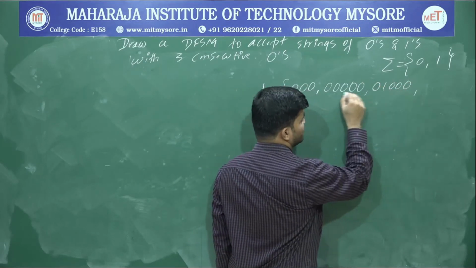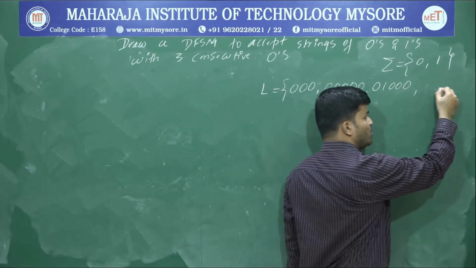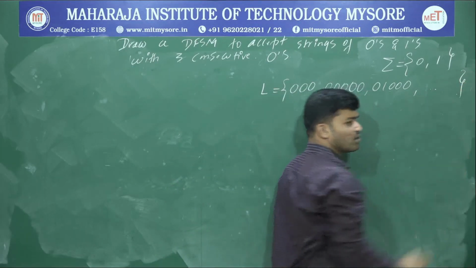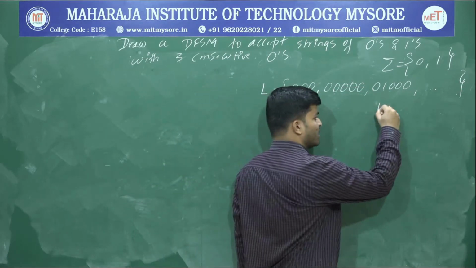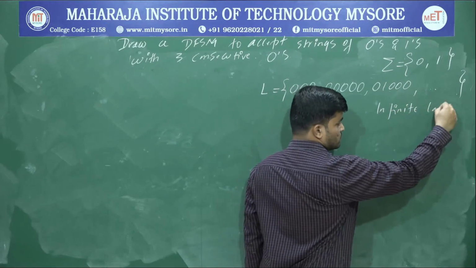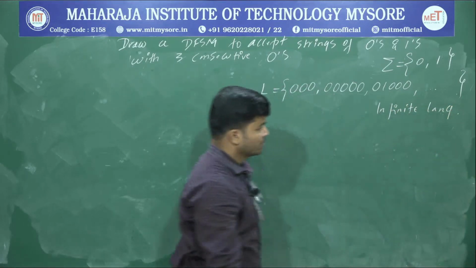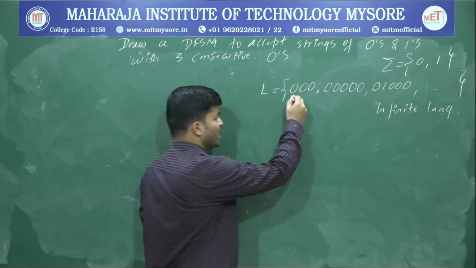So there should be 3 consecutive zeros, in any position. So you can form any number of strings. Therefore, the type of the language is infinite language.